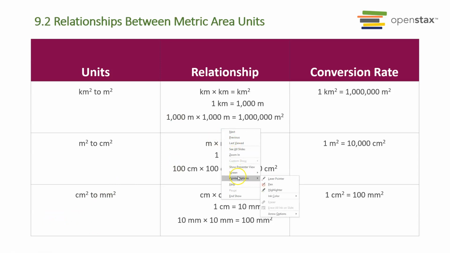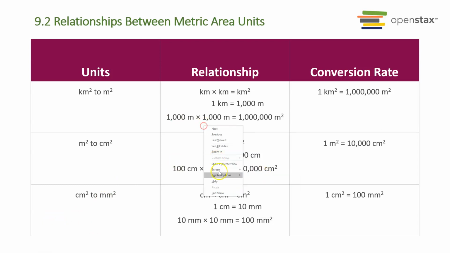I want to write that right here. So 1 square kilometer is equal to 1,000,000 square meters. It makes a huge difference in this case which unit we're in, right? And that's the conversion rate.